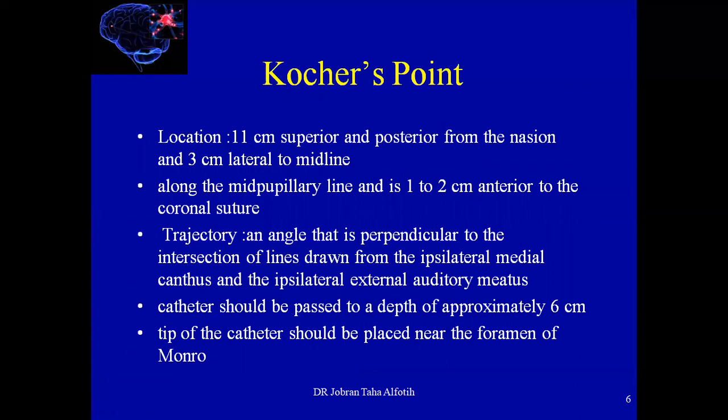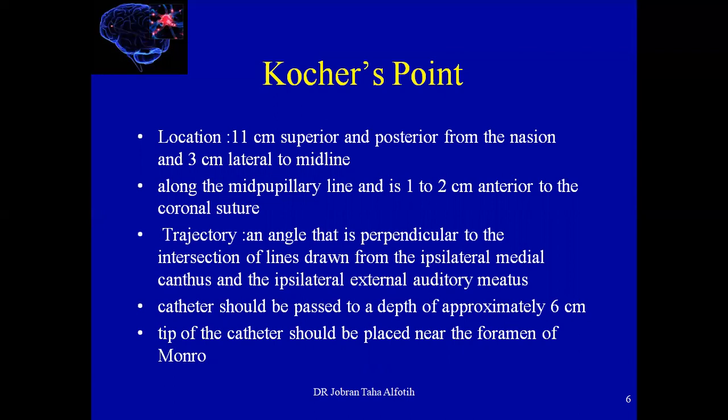Its location is 11 centimeters superior and posterior from the nasion, and 3 centimeters lateral to the midline. We can also have another location along the midpupillary line, 1 to 2 centimeters anterior to the coronal suture.